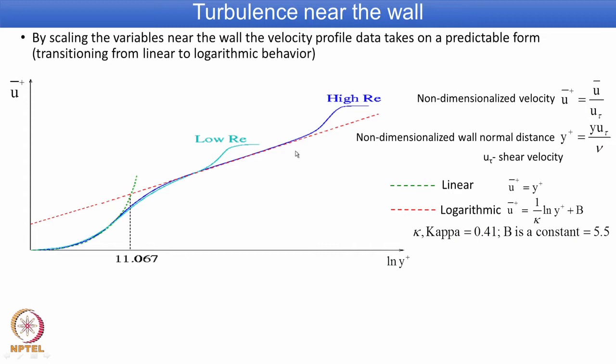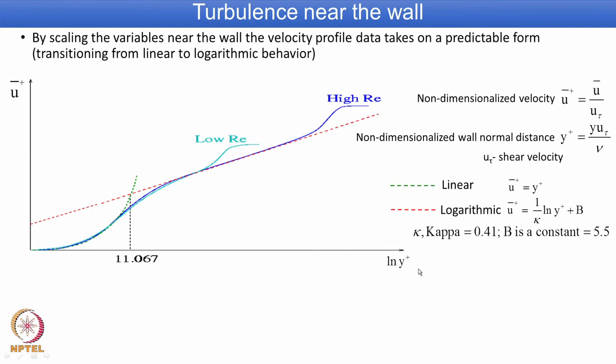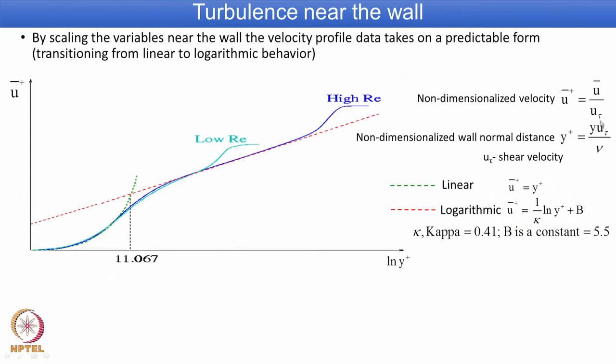So, this plot is very special, because we are using non-dimensionalized velocity and non-dimensionalized wall normal distance. It is special because it is universal, whatever the type of flow, because we are normalizing with respect to shear velocity u tau and with respect to viscosity.